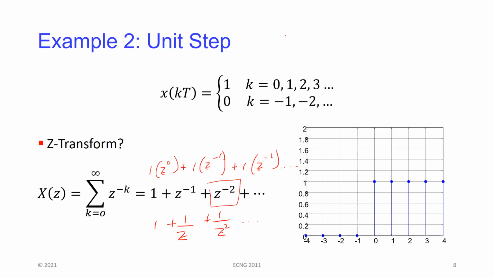For instance, we know that if I have, let's say 1, 2, 3, this is my x(kT) here, right? This is x naught.